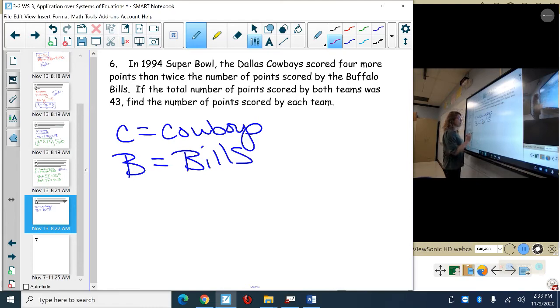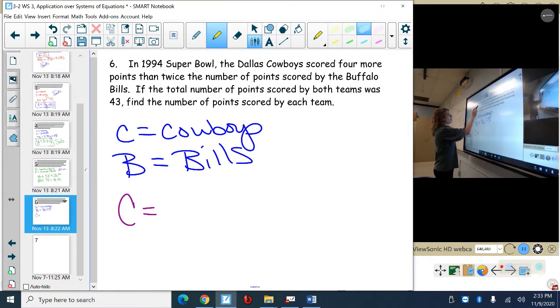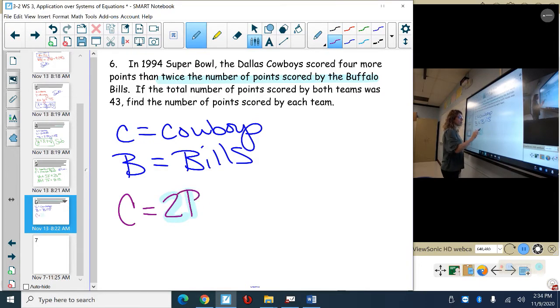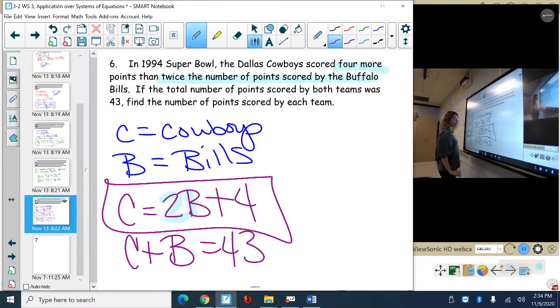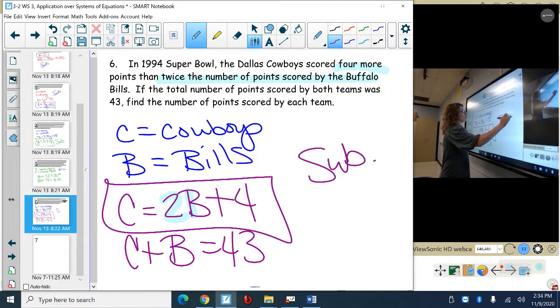So what that means is my Cowboys is equal to 2 times my B, and then it's going to be 4 more. 4 more means plus 4. Box that in because I would use substitution, and then we're going to come up with our next equation, which is going to be if the total number of points scored by both teams was 43. So I have my Cowboys plus my Bills has to equal 43. And again, I would use substitution on this.